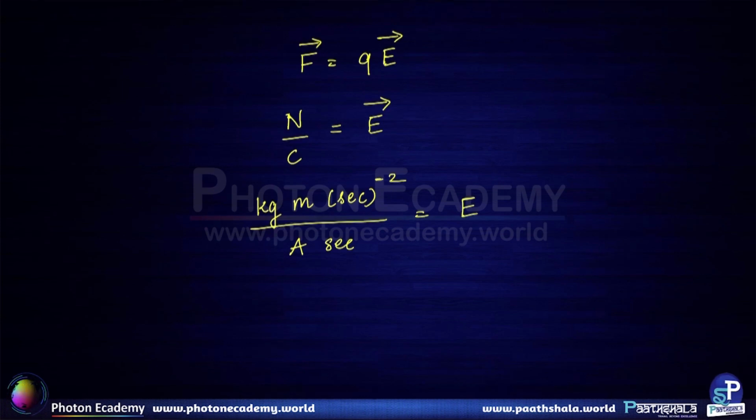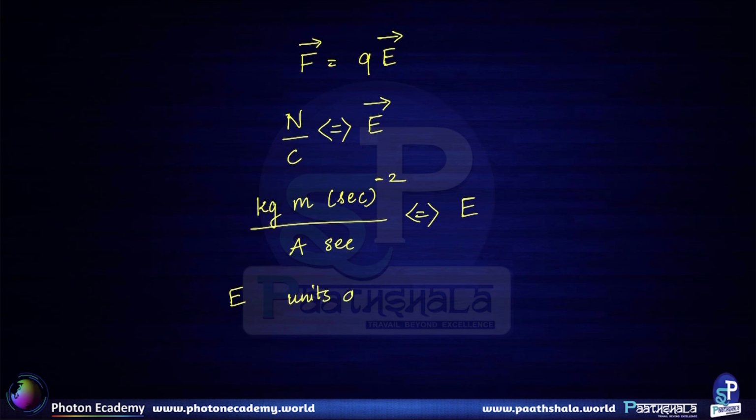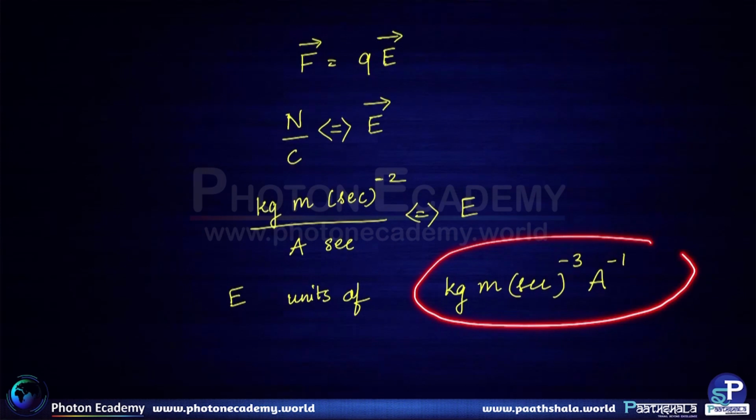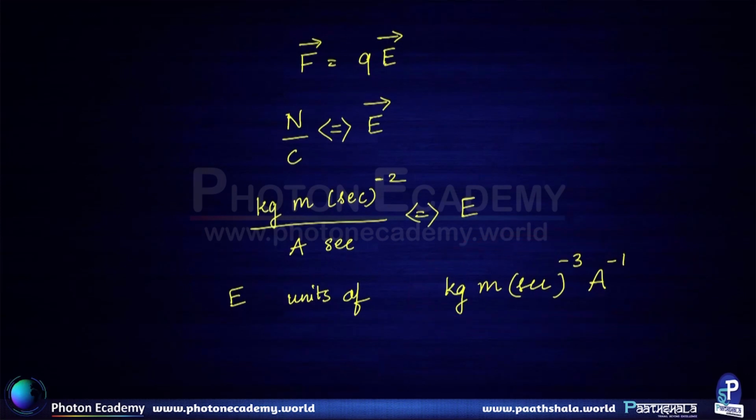So in terms of the fundamental units, the electric field essentially has the units of kg meter second raised to minus 3 into ampere raised to minus 1. So these can be said to be the fundamental units of the electric field.